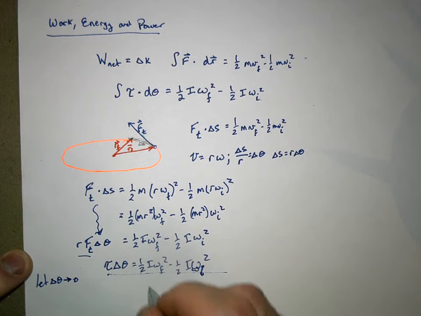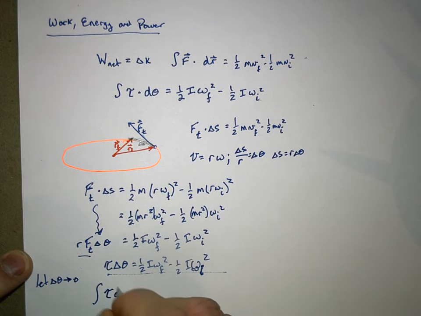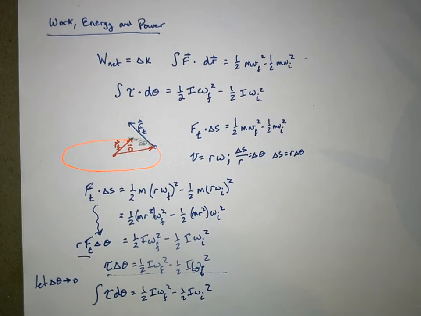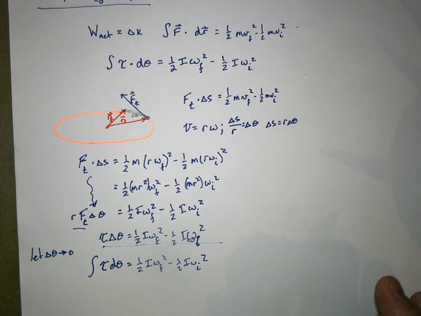Whenever we have a delta, we really get that the integral of tau d theta equals 1/2 I omega final squared minus 1/2 I omega initial squared. And that winds up being our true work energy theorem.